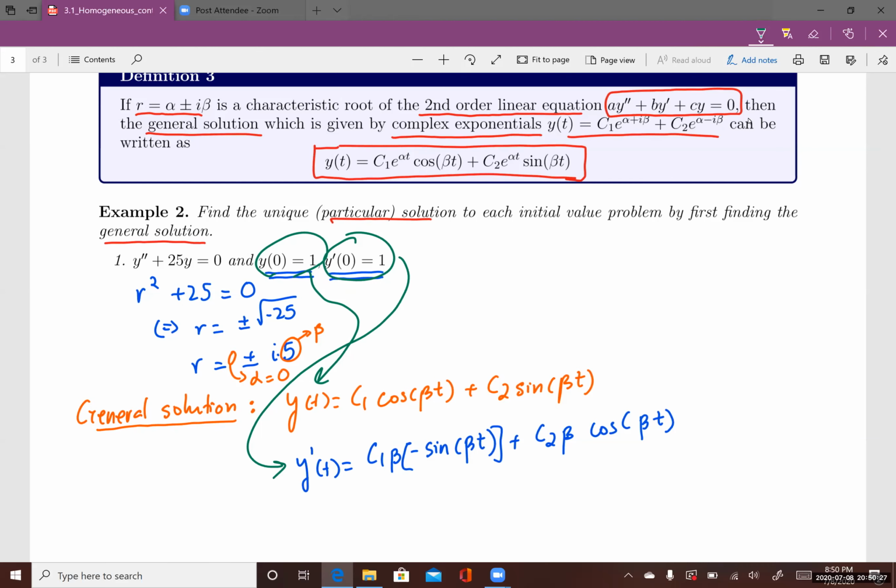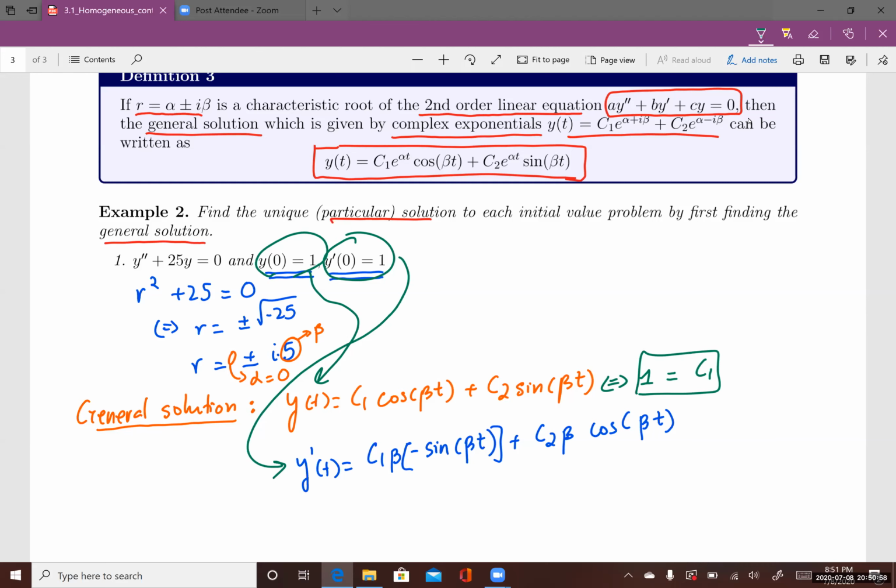So if I plug 0 and 1 into here, that means t equals 0. So I have 1 equals c1, cosine of 0 is 1, and sine of 0 should be 0. So c1 equals 1.